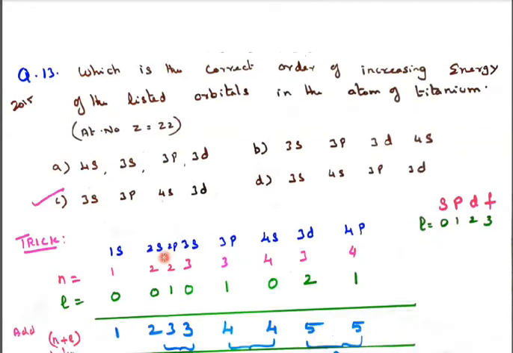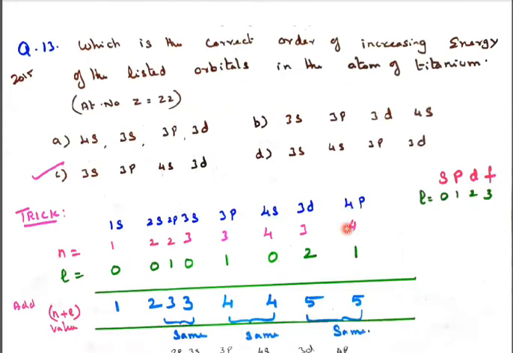So here I have written 1s, 2s, 2p, 3s, 3p, 4s, 3d, 4p in increasing order, arranged according to the Hund principle. n is 1 for 1s, 2 for 2s and 2p, 3 for 3s, 3p and 3d, and 4 for 4s and 4p. For the L value, s orbital is 0.